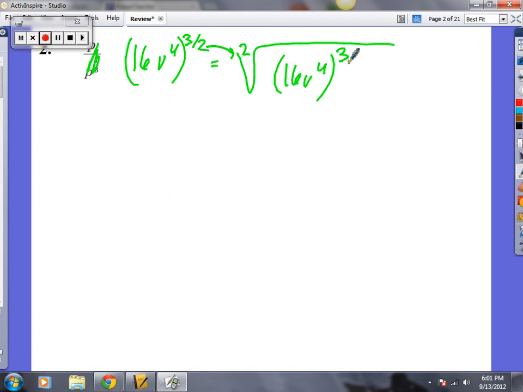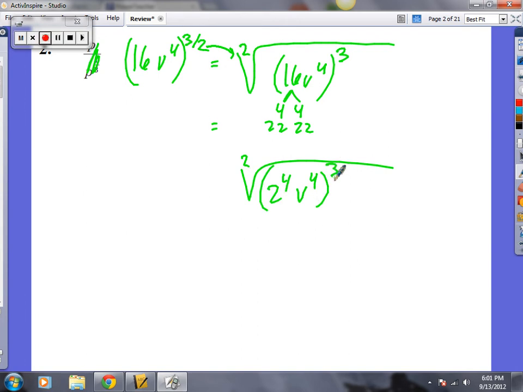Now move number 2. Let's factor the 16 into its prime factors: 4 and 4, 2 and 2, 2 and 2. So in place of 16, I'm going to write 2 to the 4th, v to the 4th, all of that raised to the 3rd power.